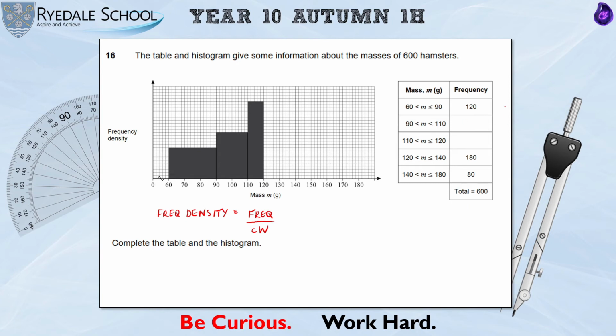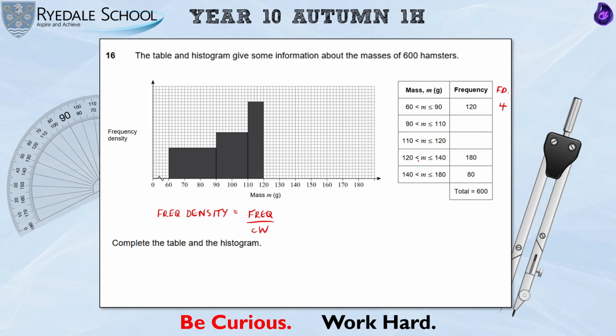So what we need to do is work out our frequency densities for the data that we've already got. So this frequency density would be 120, the frequency, and the class width is 30, so 120 divided by 30 is 4. I can work out these ones as well whilst I'm here.